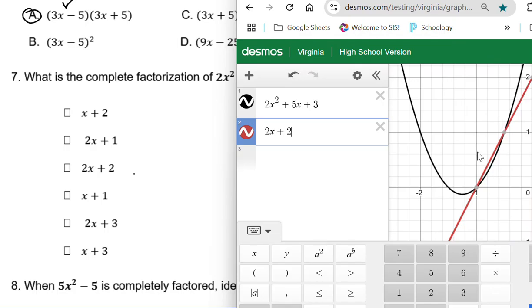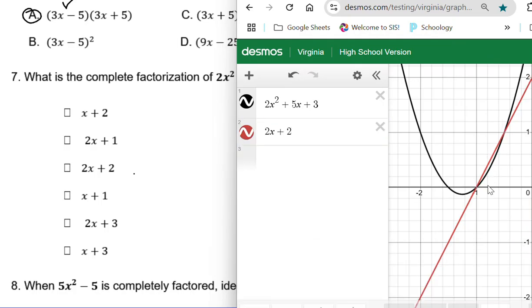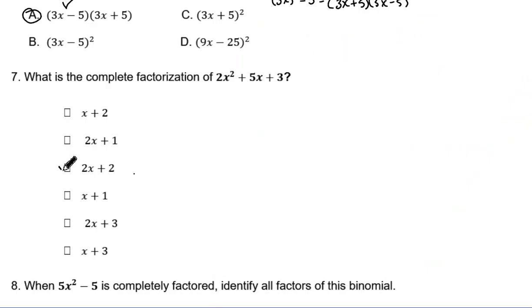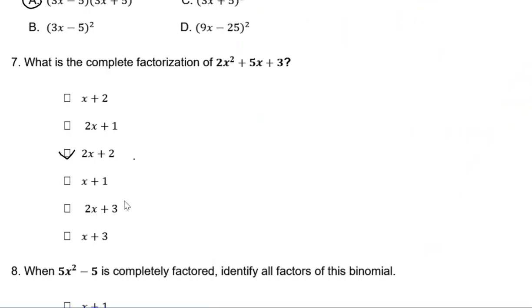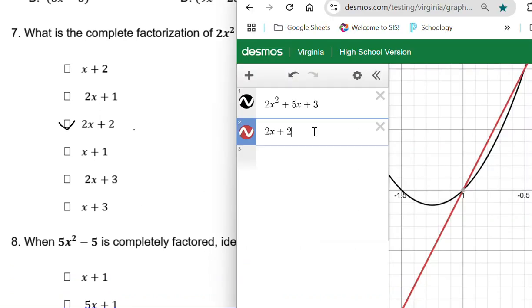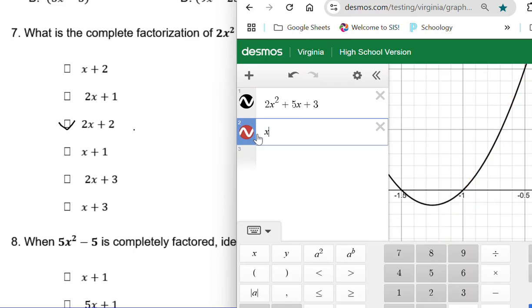All right, so this one looks like it is a factor, but we have to be careful for this one. So far, I'll go ahead and mark it, but I'll tell you that, yeah, well, okay, that one works. There's something else on that, but let's see. X plus 1 also works.